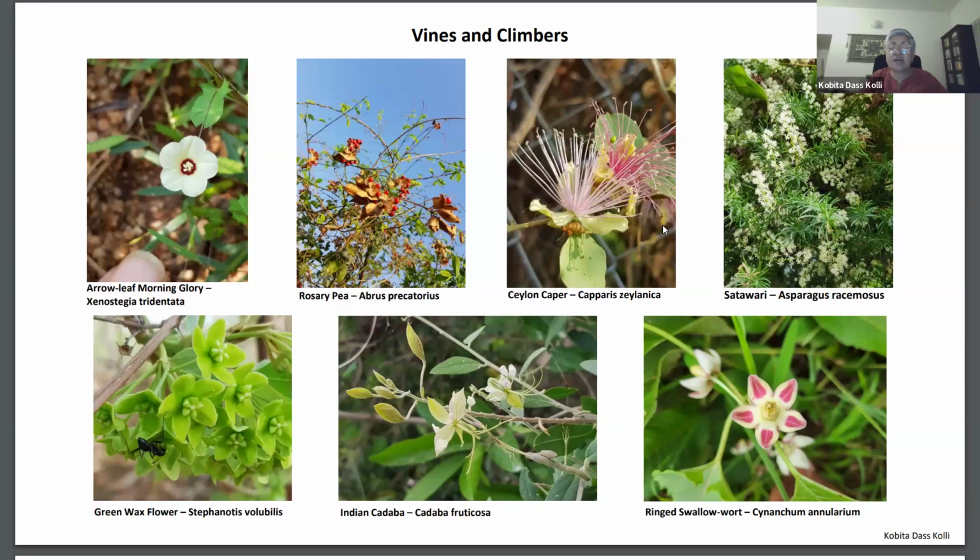The Indian kadaba, of course, has finished blooming, but you will find the fruit, the pods. Maybe at the end of April you'll also see the open pods, which are bright red in color once the outer cover opens out, so you can't miss those. So you may not see flowers, you may see a scattering of leaves, but you may not miss the pods. So do keep an eye out for them.